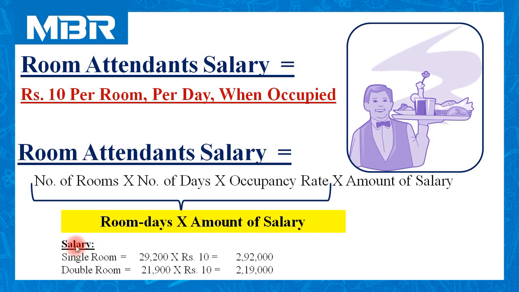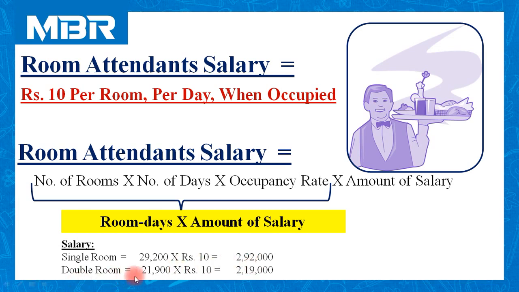Now calculate the salary for a single room. 29,200 room days were there, multiplied by rupees 10. 29,200 room days multiplied by rupees 10 is equal to 2,92,000.